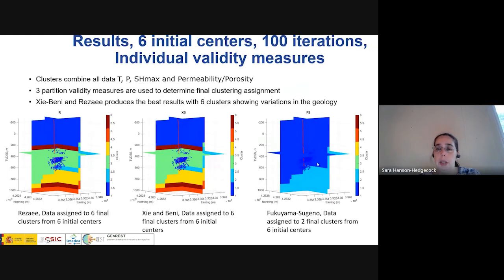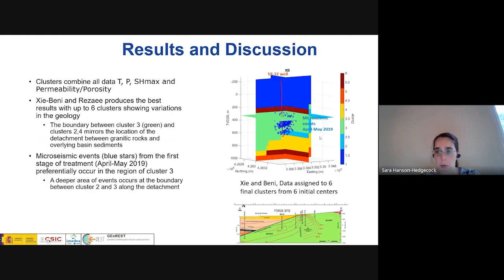So basically, we're comparing it here to sort of the geology. With the Fukuyama-Sugeno measure, we're only getting 2. So it's very coarse. You can compare this to the geology here. It's basically coarsely getting the sediments and the granite.